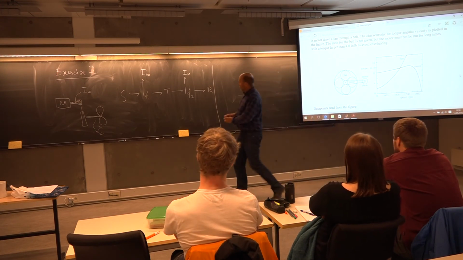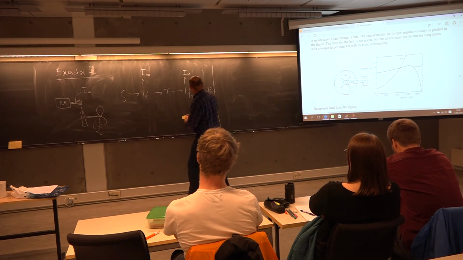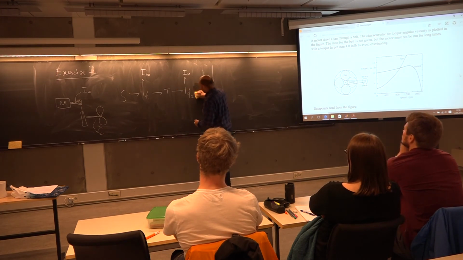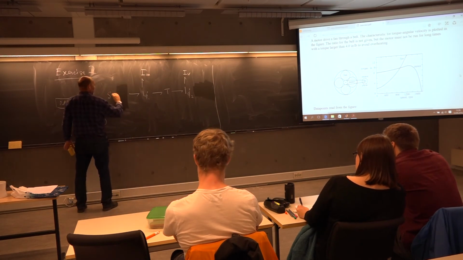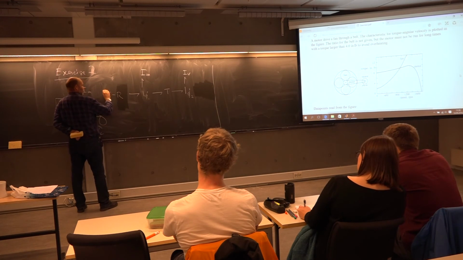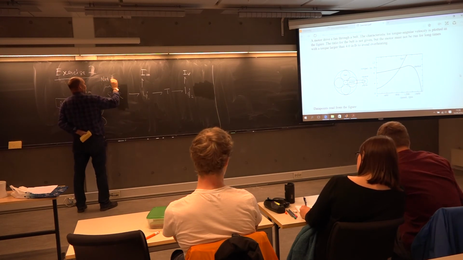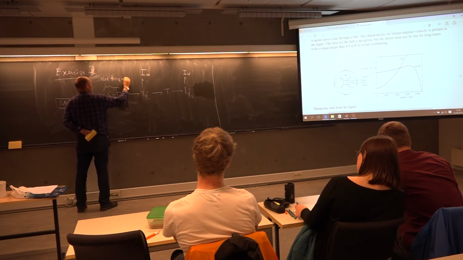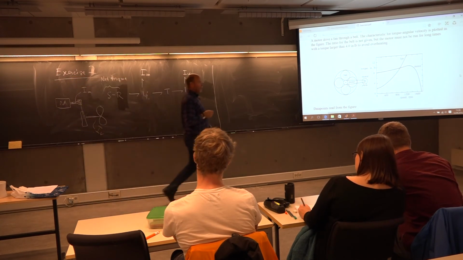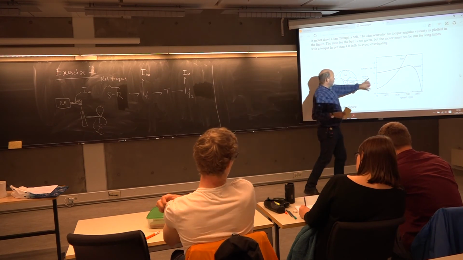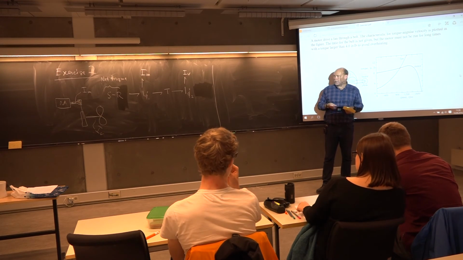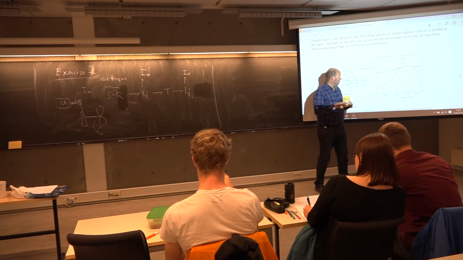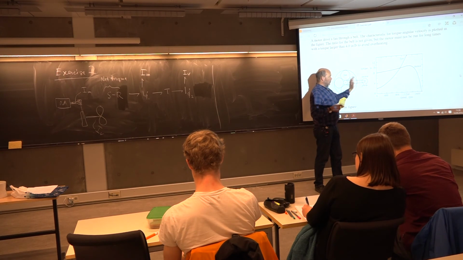So if I now rewrite the problem like this, what should we call this one now? Net torque. I just subtract these two and say the difference here, that is what I have left to change this system.